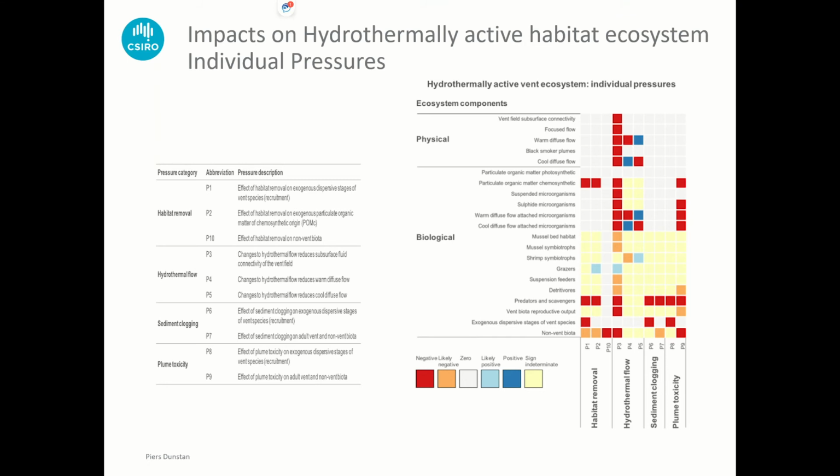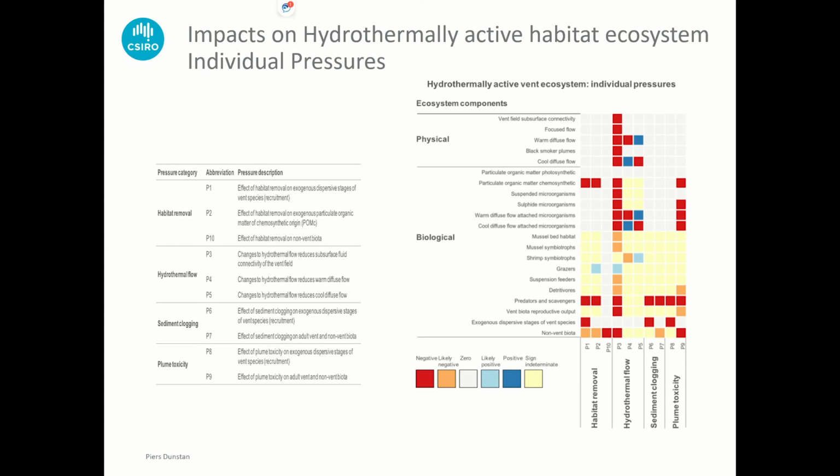What's really apparent here is that for some things there's a big negative effect, but it doesn't affect the rest of the community. For example, if you removed the habitat for non-vent biota, that habitat removal has no effect on vent biota, but it obviously has a significant effect on those non-vent biota, which could potentially be a big thing.